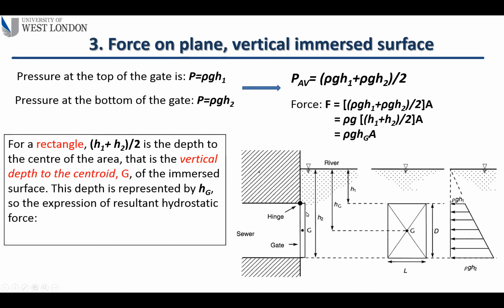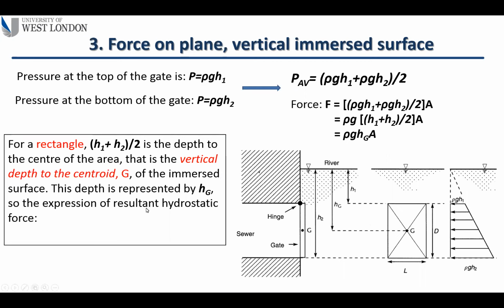So the average of h1 and h2 is the vertical depth of the centroid, denoted by hg. If we know the vertical depth of the centroid, we can calculate the pressure at that point and multiply it by the whole area of the immersed surface to calculate the force.